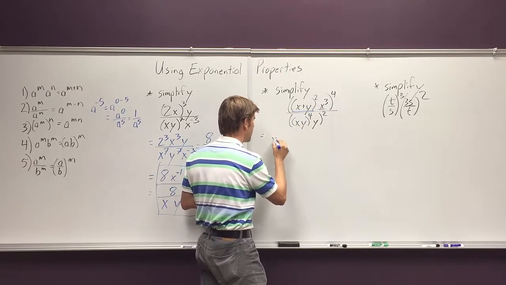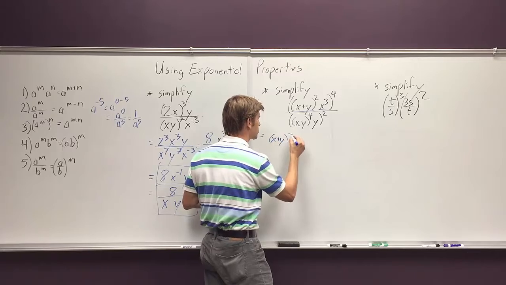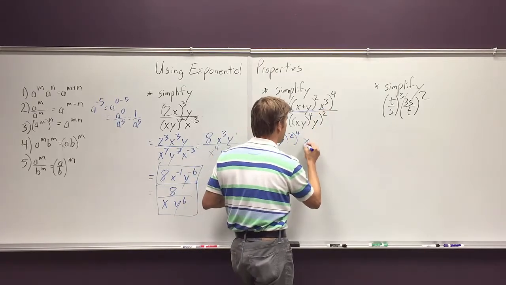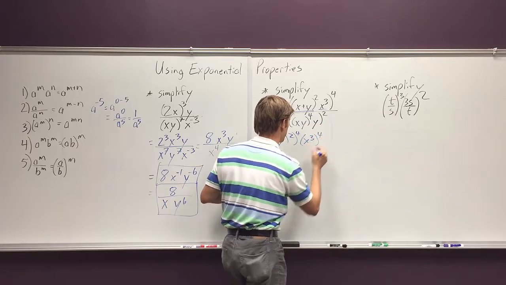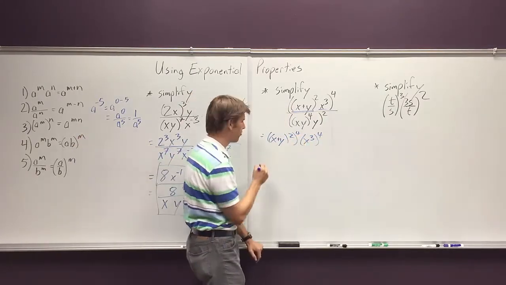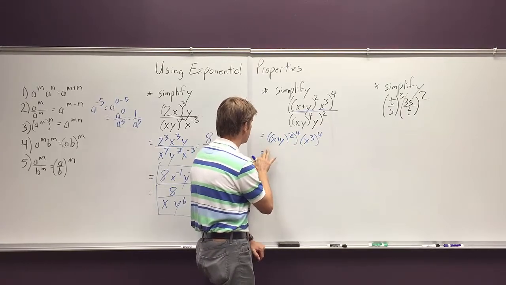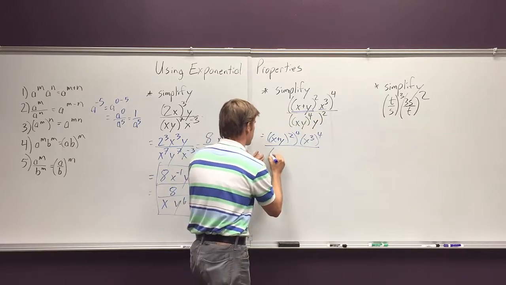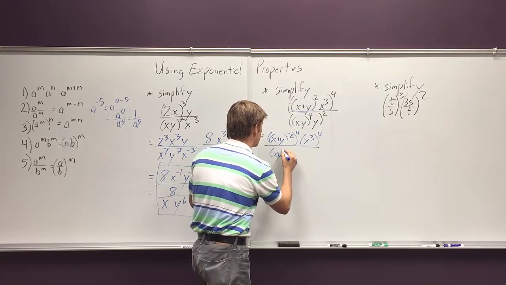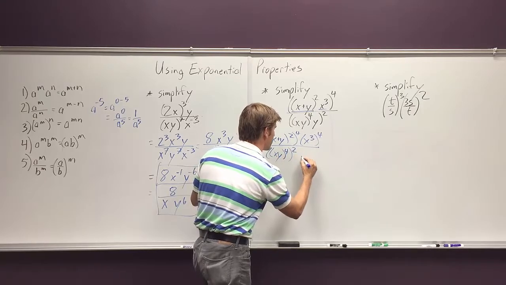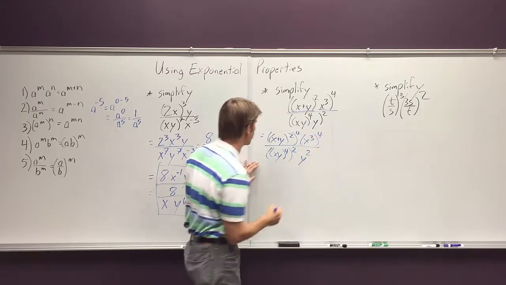So I get x plus y squared to the 4th, then x to the 3rd to the 4th. Now I can use rule 3 on these. I actually multiply those exponents. Now, and I've forgotten to write my denominator. I'll do the same thing in the denominator. xy to the 4th squared, and then y squared.